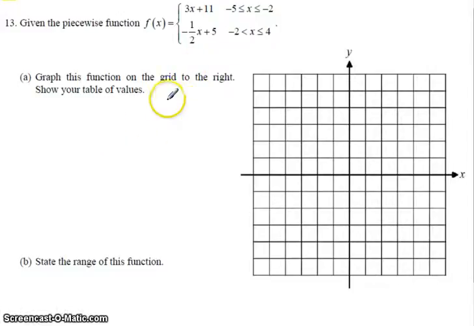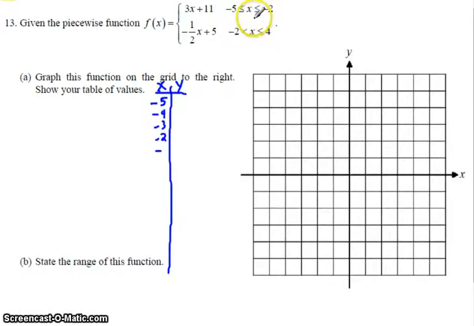So for our table of values, I'm going to make a nice big table, and I hope I don't run out of room here. We're going to start at -5, and this goes from -5 to -2.